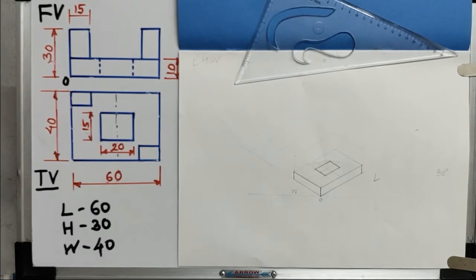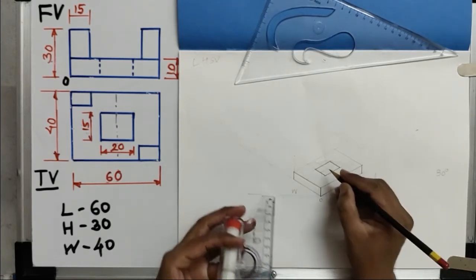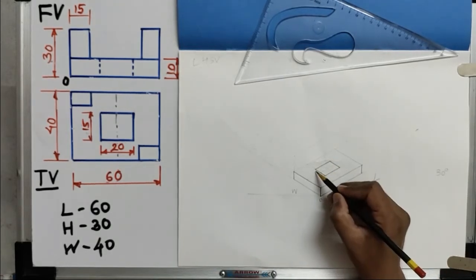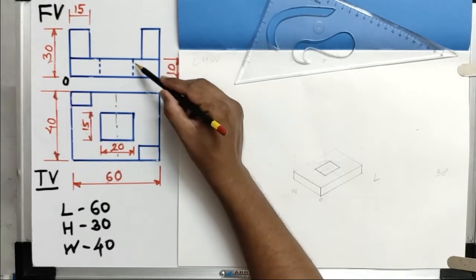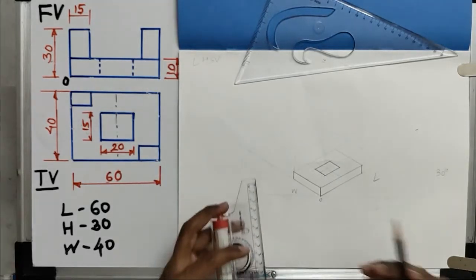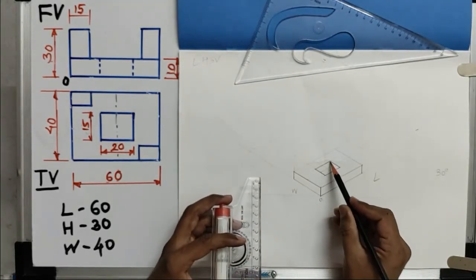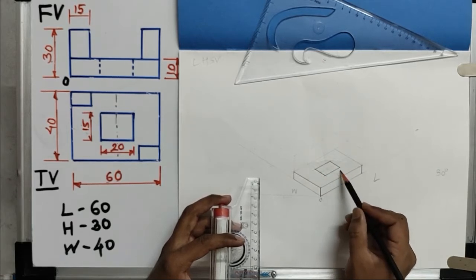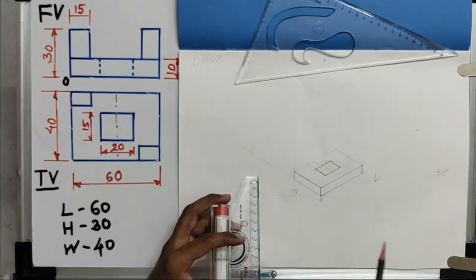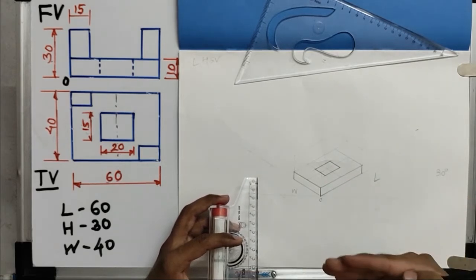Now similarly, if you are going to represent the upper portion of this middle rectangular structure, it has a complete depth of 10 mm. So we have to observe from which corner point we can represent the depth of that portion, whether this corner point, this corner point, or this corner point. It should be visible and should not get hidden behind the surface.